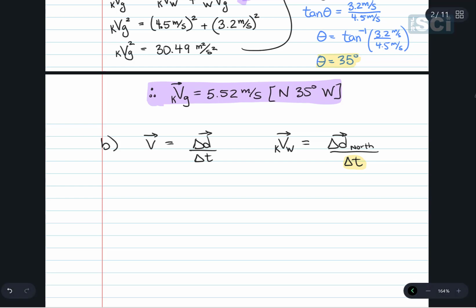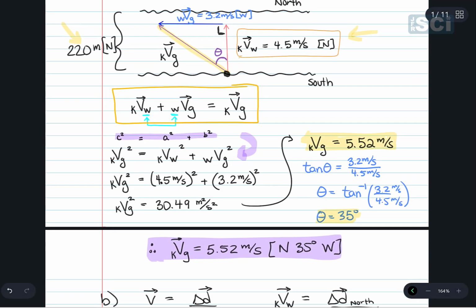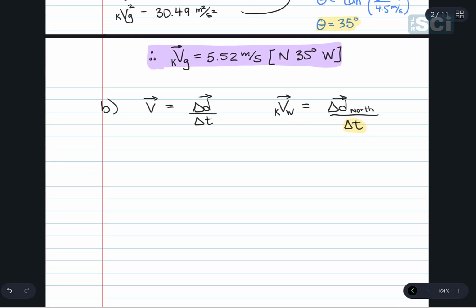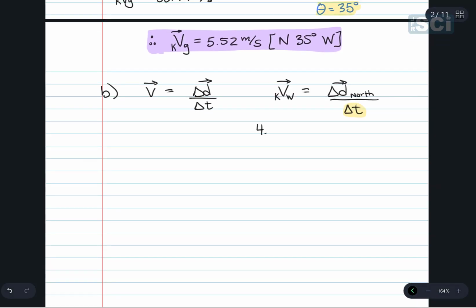So let's substitute the numbers that we do in fact know. Well, the kayaker relative to the water, from right there on my page in the orange box, is 4.5 meters a second, and it's north. So 4.5 meters a second, and it is north.